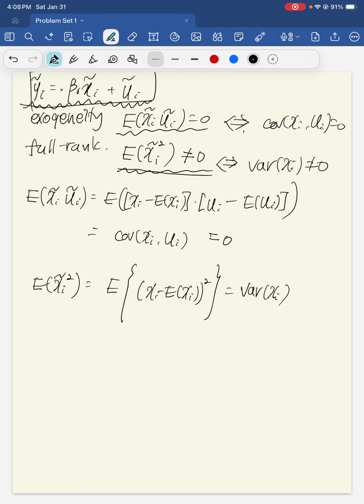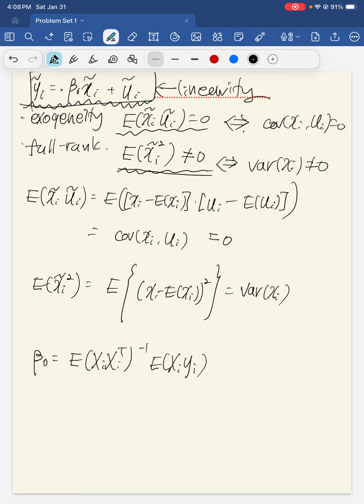From the general theorem, we verified all the assumptions. What we showed here is the linearity assumption, and then exogeneity and full rank are implied by the given assumptions. Then beta 0 is expectation in the general theorem. The general theorem notation is this, but specifically in our case, this much is simply this guy, and the second part is this guy, right? This is what we have to calculate.